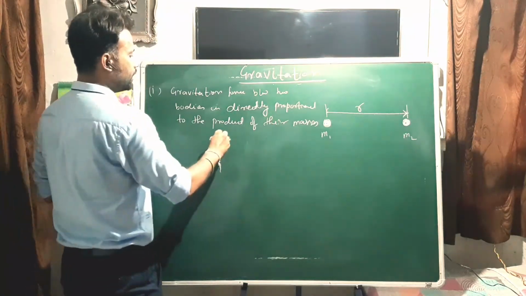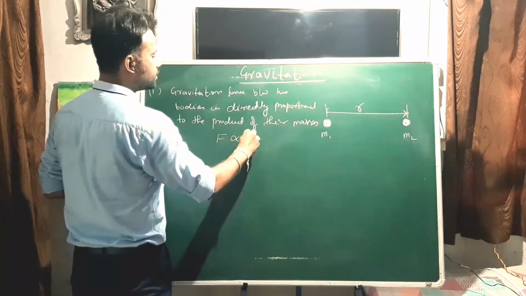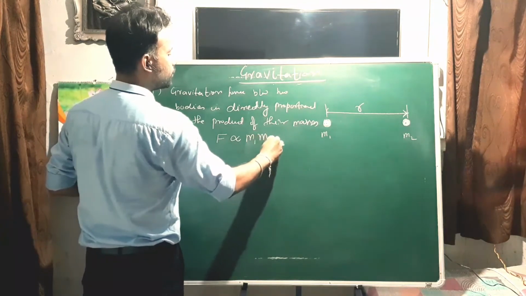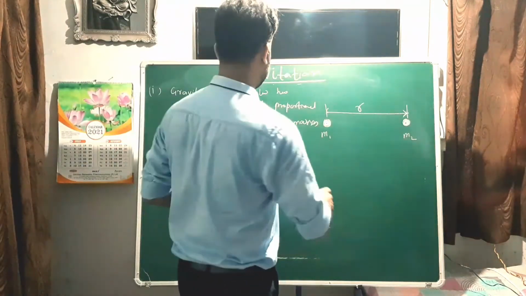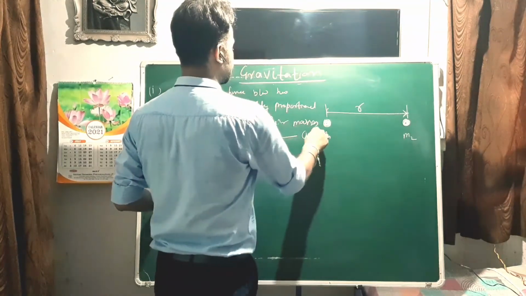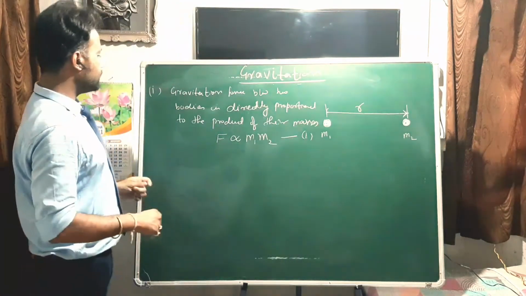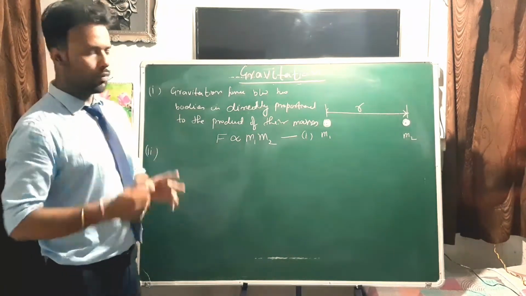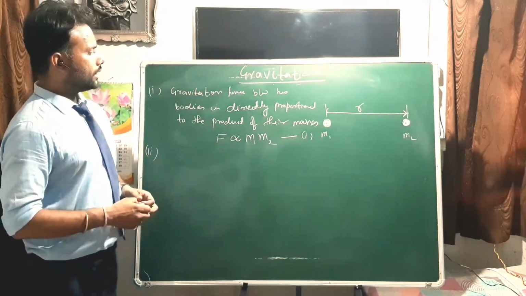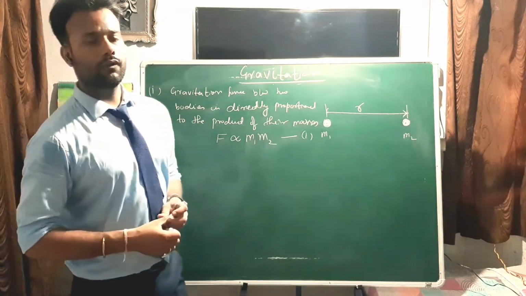It means that F is directly proportional to the product of m1 into m2. Higher the masses, higher will be the force. Second, he explained his law in 2 points. So first is this point, that force is directly proportional to the product of their masses.